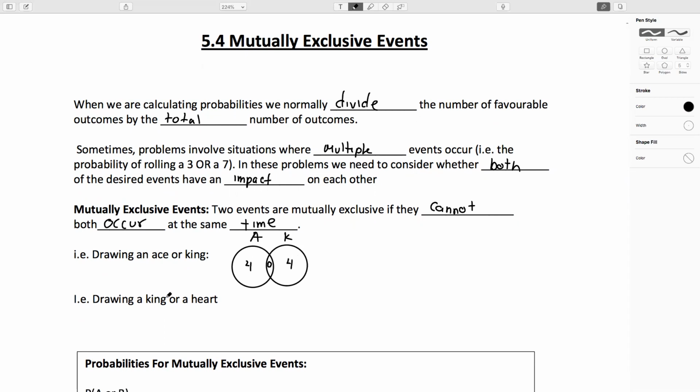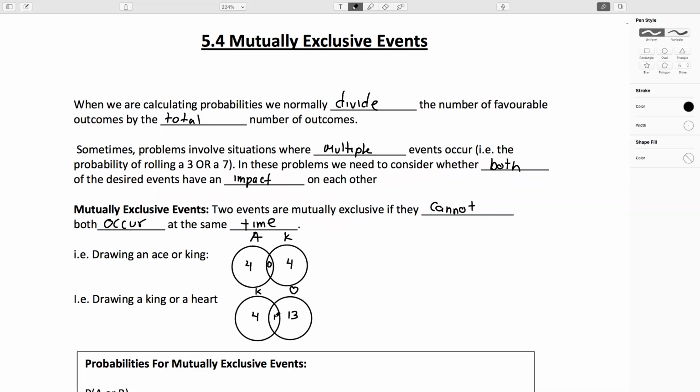Drawing a king or heart. This one's a little different because drawing a king can impact whether you draw a heart or not, because there are kings that are hearts. So if we have a king and heart, well, we've got 13 hearts, we've got 4 kings, but there is a king that's a heart.